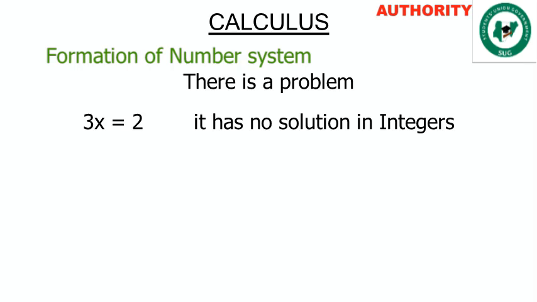The problem is like this: 3x is equal to 2. If you solve this problem, or you want to check from the integers what number can satisfy this expression, you discover that you cannot. There is no number. You cannot find any. So what are we going to do? Because of this problem, we now realize that there can actually be numbers in between whole numbers.